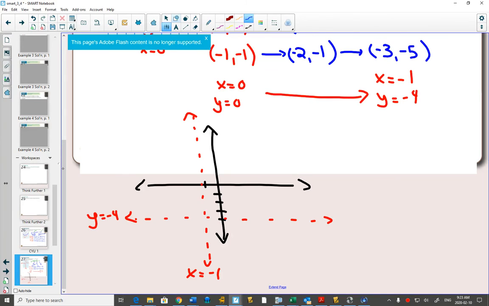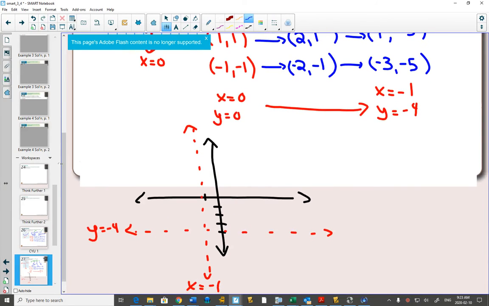Label your points. So the 2 points that I have are 1, -3 and -3, -5. Draw your graph towards your asymptote.